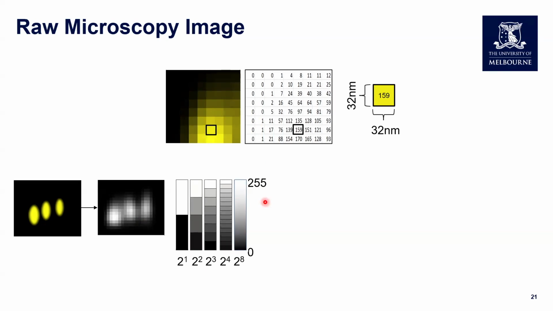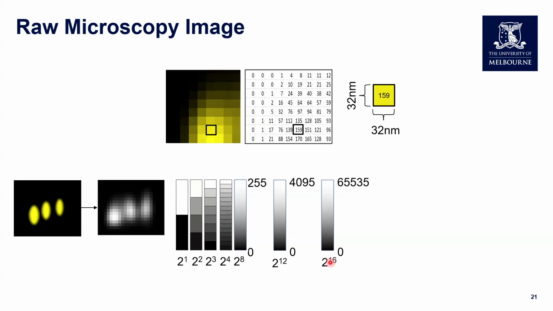This may be good enough for visualizations, but for quantification, we can use higher bit depth, such as 12 bits or 16 bits, to get much more information on the signal. So the intensity will be recorded as 4096 grayscales in a 12-bit image, and over 65,000 steps in a 16-bit image.